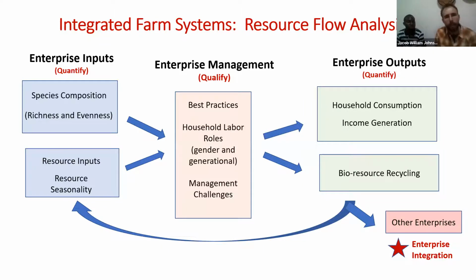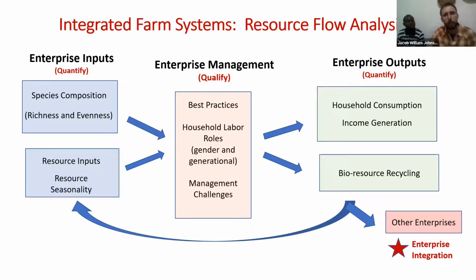We're going to quantify inputs from each enterprise that I just mentioned, and we're going to get a species composition. So this is like an ecological term. It's going to give us the number of species that farmers are managing and the abundance of each of those species within the system. We're going to itemize resource inputs and also the seasonality of those resources, which we saw earlier is pretty important in terms of input additions.